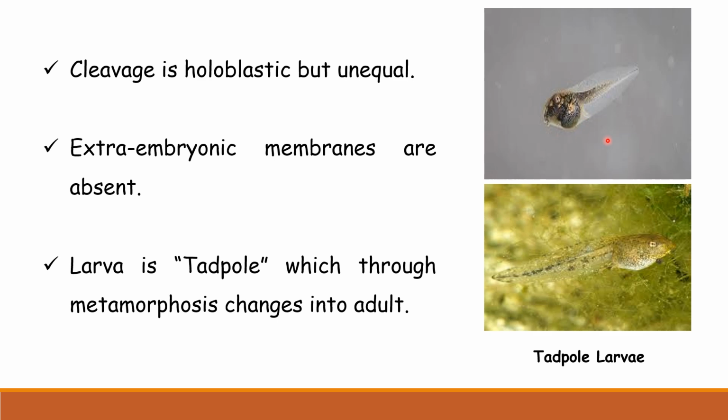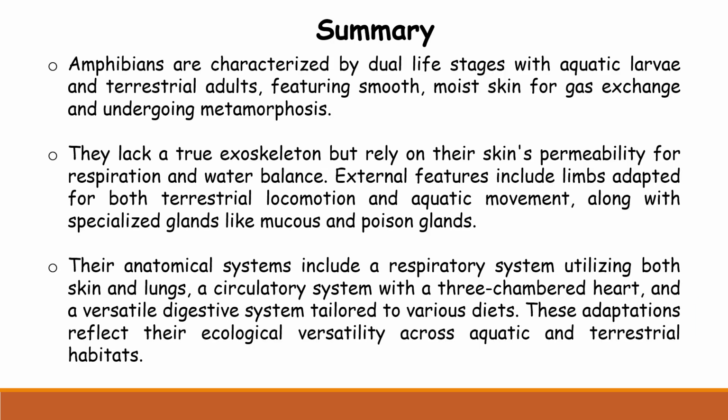Cleavage is holoblastic but unequal, and extra-embryonic membranes are absent. As we already discussed, the larva is a tadpole, a completely aquatic animal, which through the process of metamorphosis changes itself into an adult.